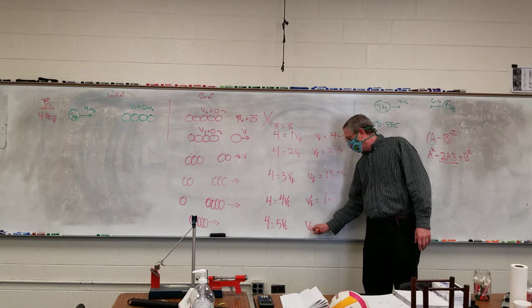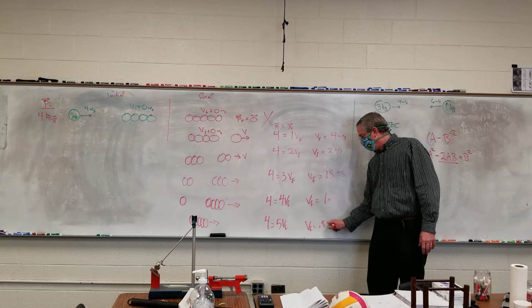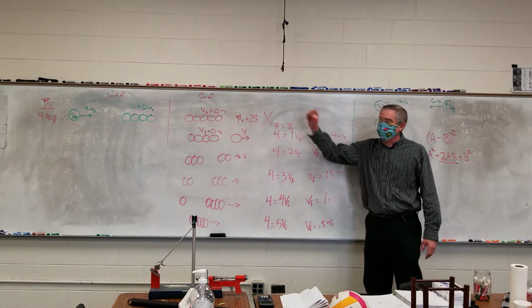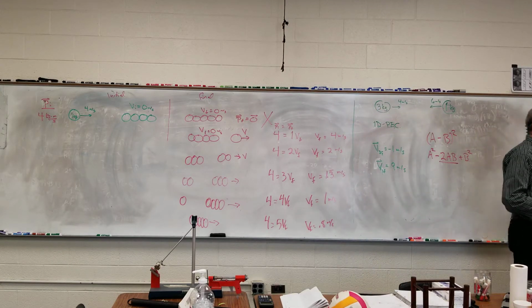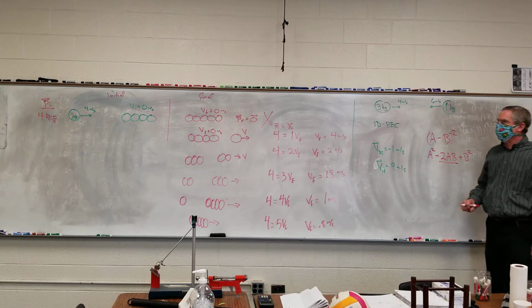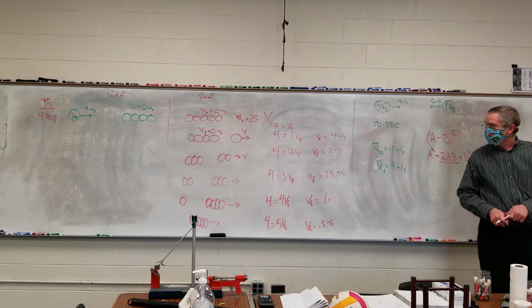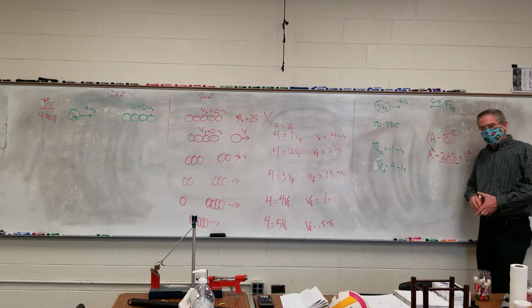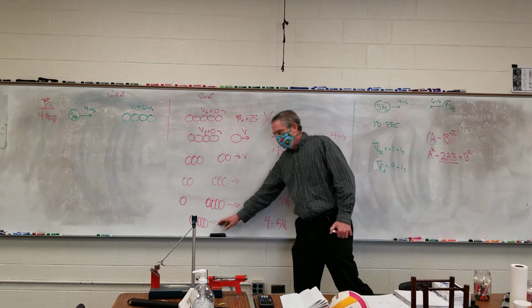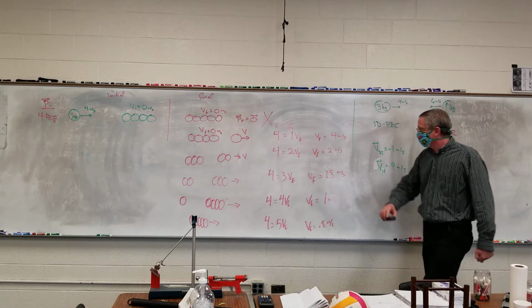V final is 0.8 meters per second. So other than the very first scenario, which I probably shouldn't have put up there, but other than that very first scenario, momentum is conserved in all 5 of these other cases. But nature seems to pick the first one.